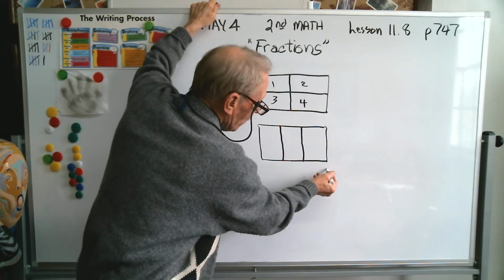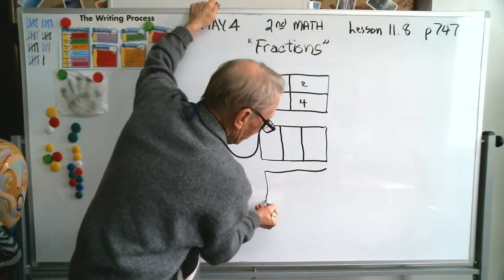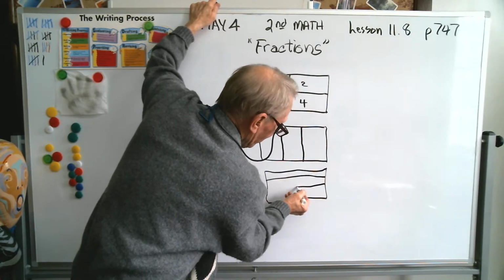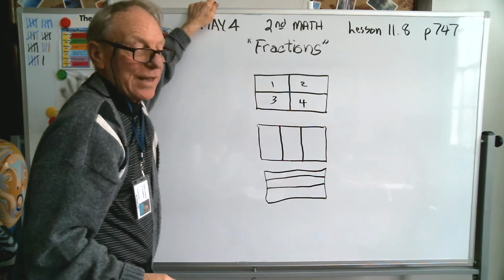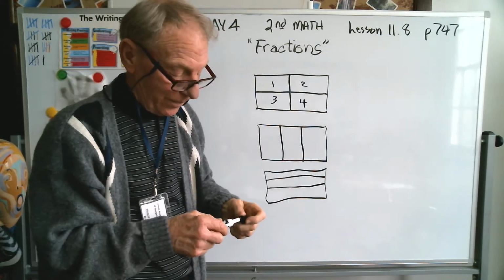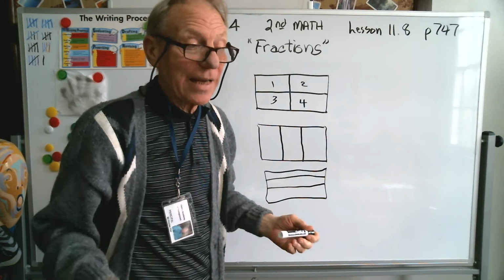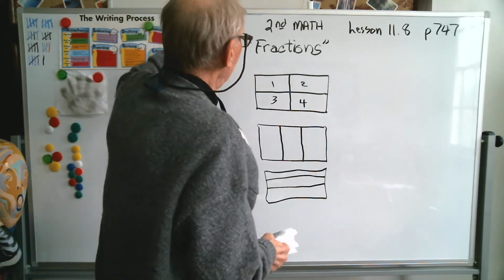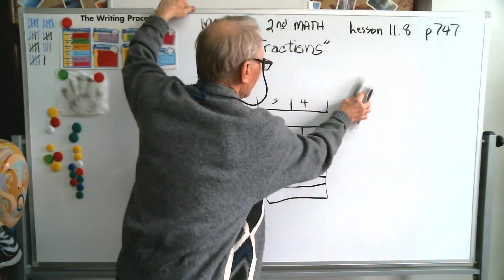You could also take that same rectangle and break it into 3 equal parts that way. The only thing that matters is that they are equal. They each have the same amount of measurement.